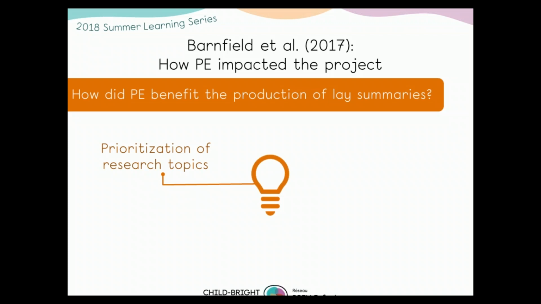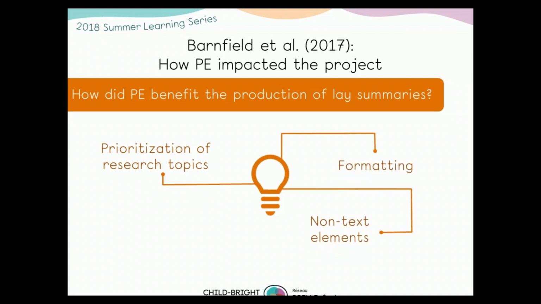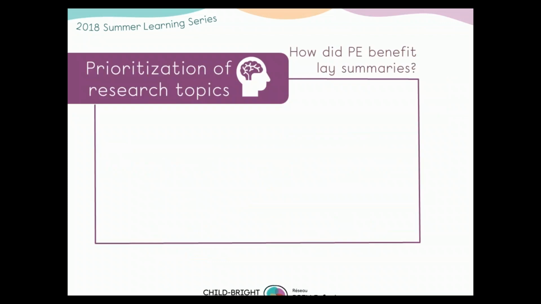Apart from prioritizing the projects, they provided opinions on formatting and the non-textual elements of the work to aid in conveying the material more effectively. And lastly, adapting the text to be more accessible by limiting the unnecessary use of scientific language or jargon.